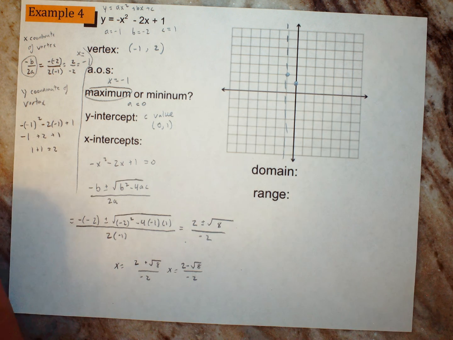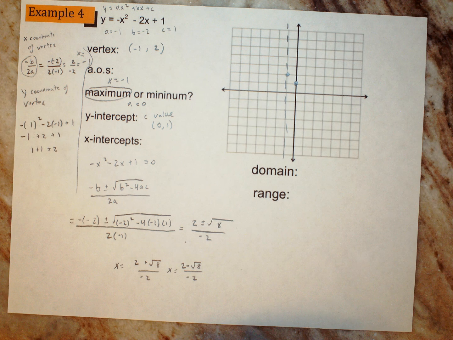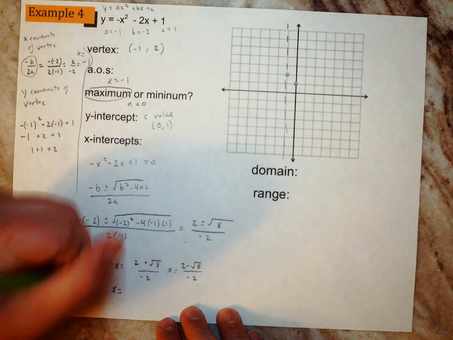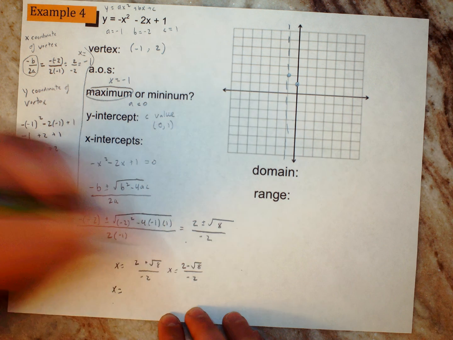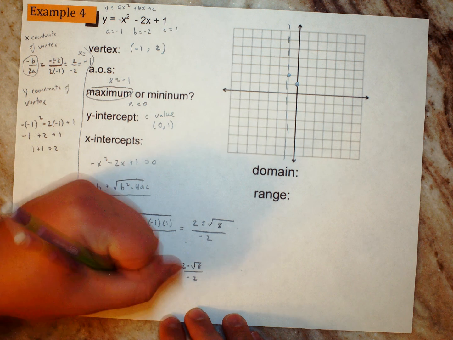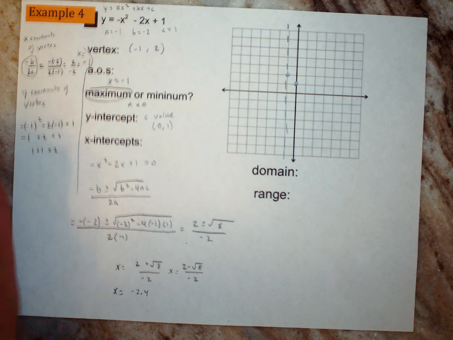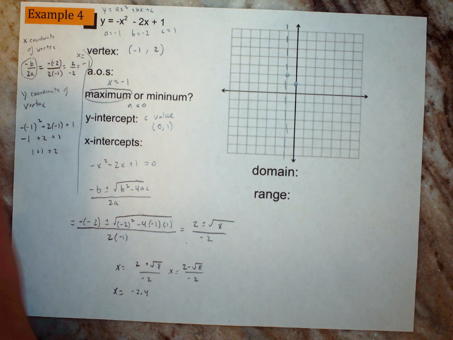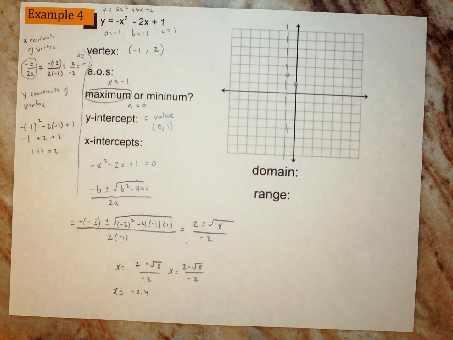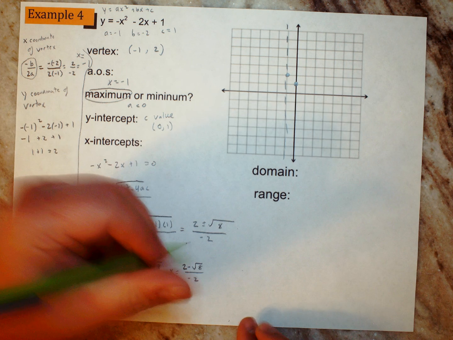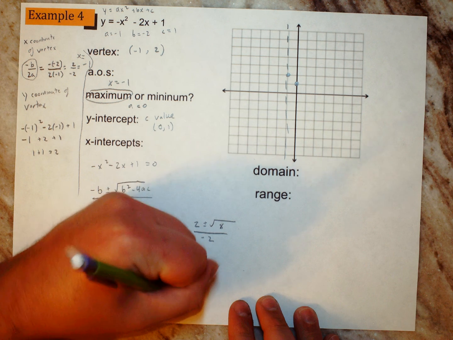So 2 plus root 8 divided by -2 is about -2.4. And then the other one, 2 minus root 8 divided by -2, is about 0.4.